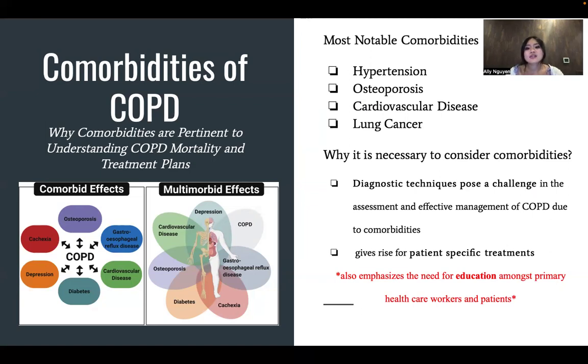It's necessary to consider these comorbidities for diagnostic techniques because they pose a challenge in the assessment and the effective management of COPD. These comorbidities give rise to patient-specific treatments. Additionally, comorbidities also emphasize the need for proper education amongst patients and healthcare workers, so patients may effectively manage their condition.